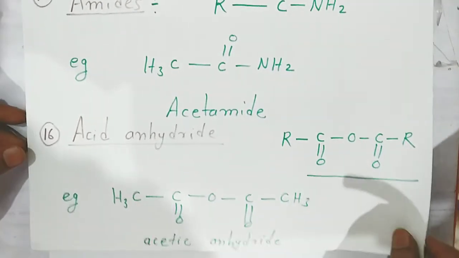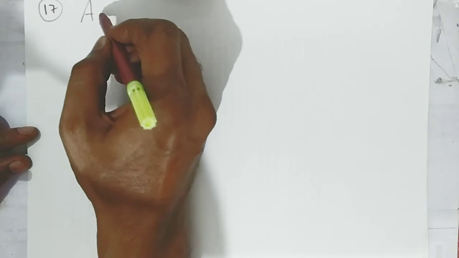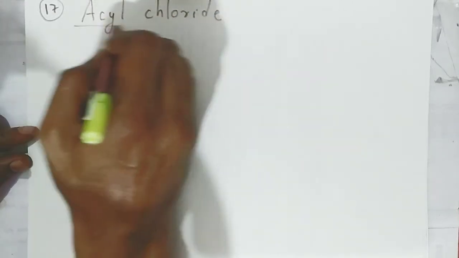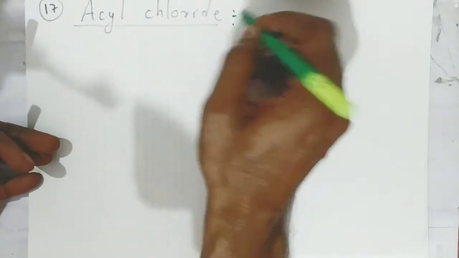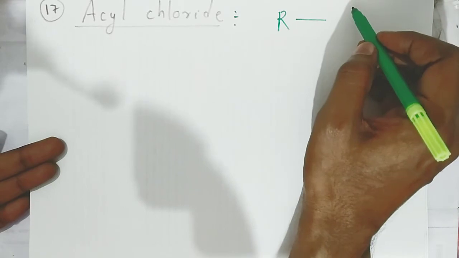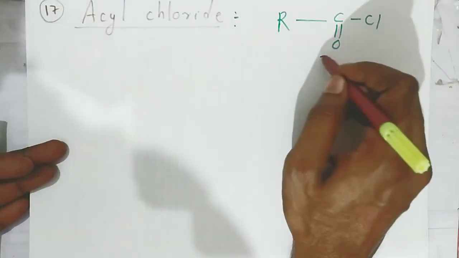Now students, the 17th, a very famous functional group, is called acyl chloride. What is acyl chloride, students? Same definition: when hydrogen of the alkanes we are replacing by the acyl group, COCl is called the acyl group.